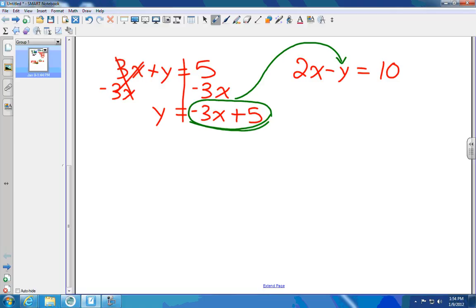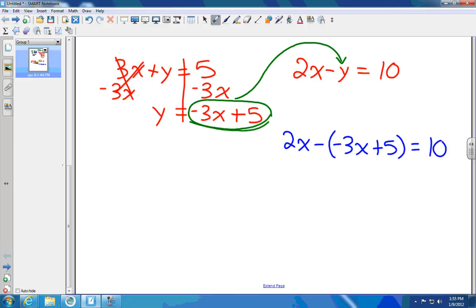Now, there's one little difference in this problem that is very important, and I'll show you as we go here. So you got 2x. Switch colors one more time. 2x minus, and not y. We're not using y. We're going to put this in for it. And you really need parentheses here. Negative 3x plus 5 equals 10.